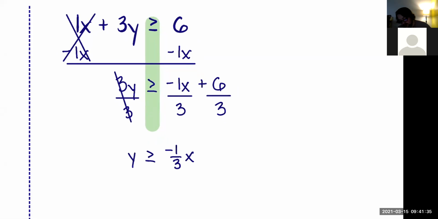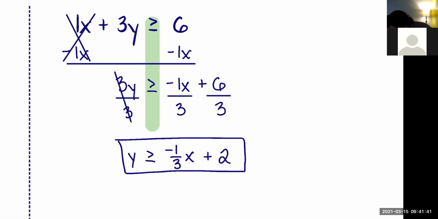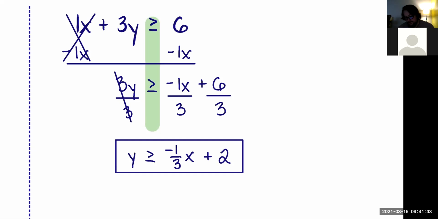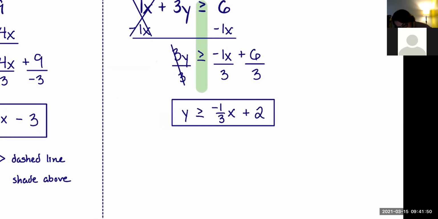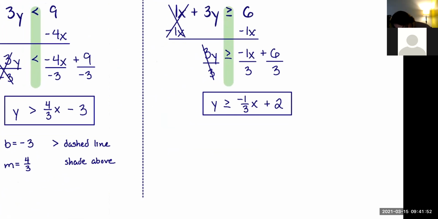And 6 divided by 3 should give me a +2. With a little bit of effort, this one is now in slope-intercept form as well. So with it in slope-intercept form, we can start pulling that information out like before.